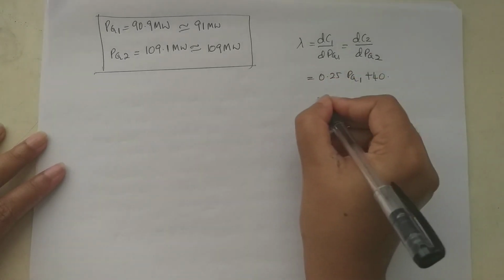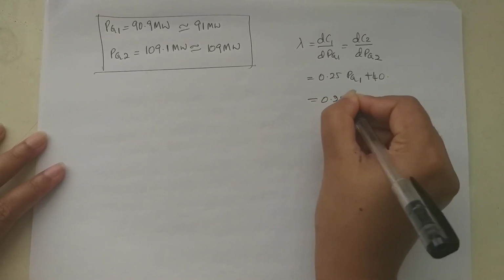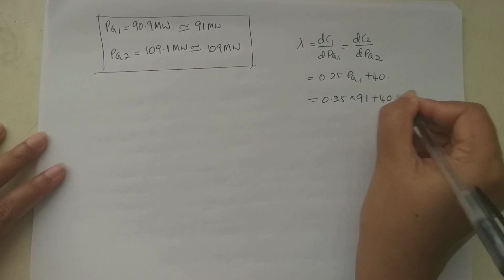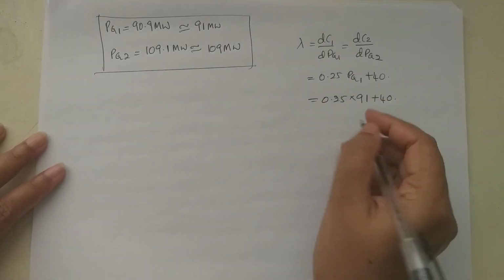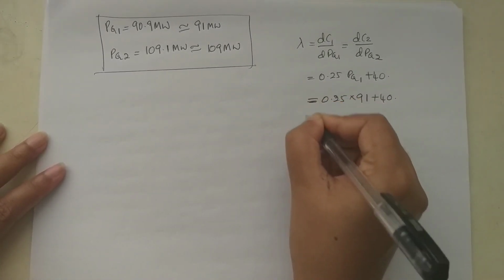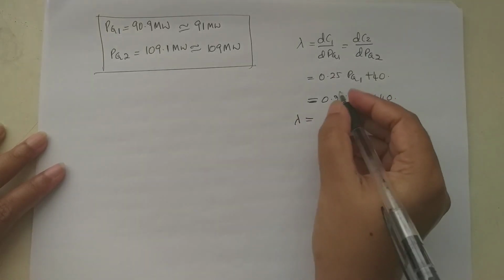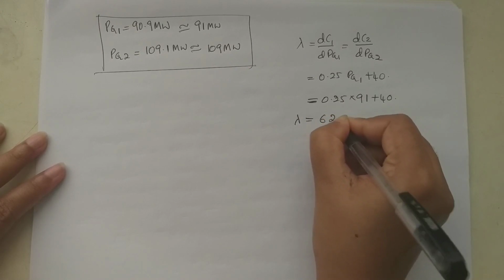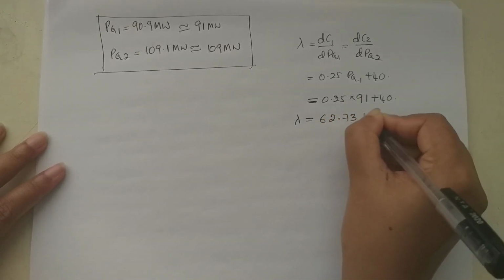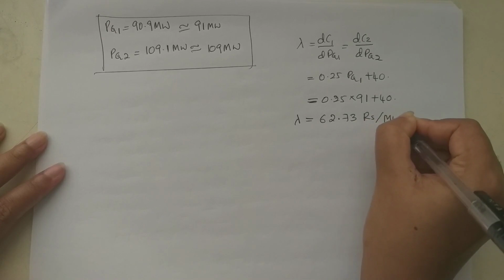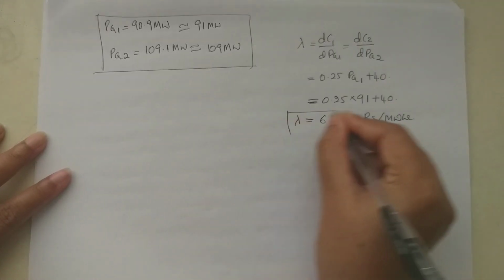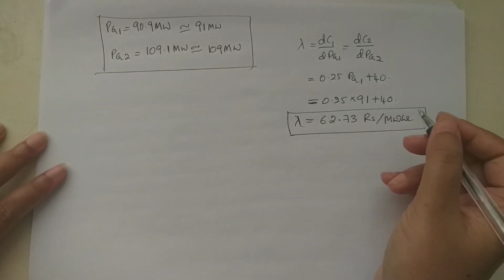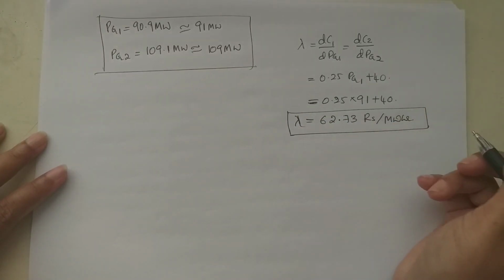Just substitute Pg1 here, we get 0.25 times 91 plus 40. On calculating, we get lambda equal to 62.73 rupees per megawatt hour. That is the unit of incremental cost.